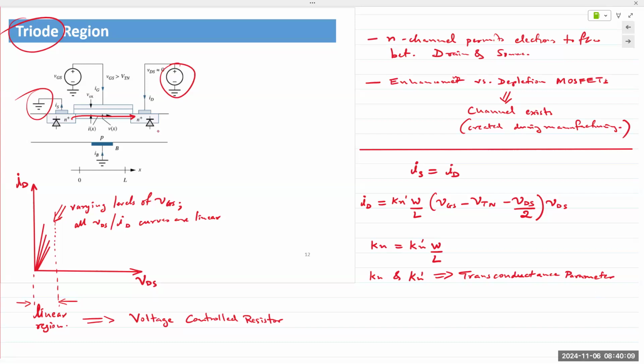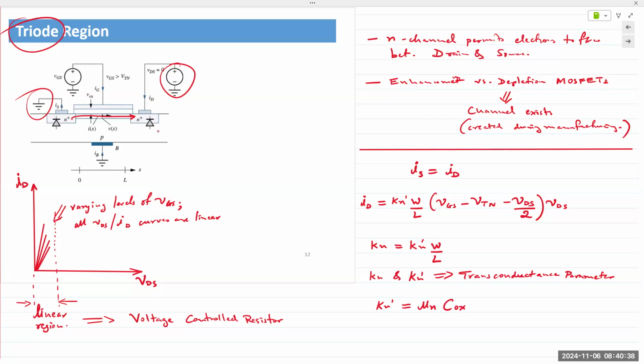And then of course, Kn prime can also be written as mu n, the mobility of the n-type material, times the capacitance of the gate oxide.